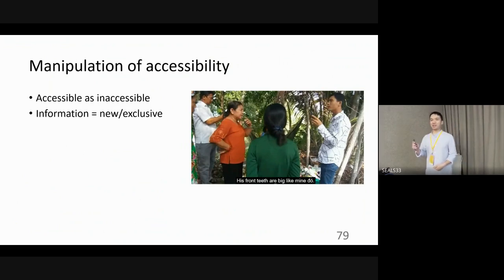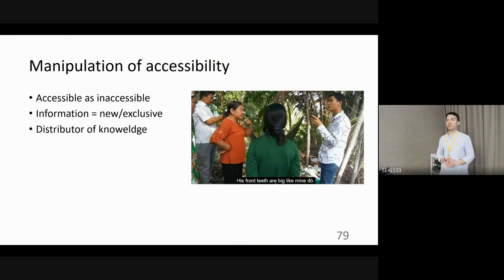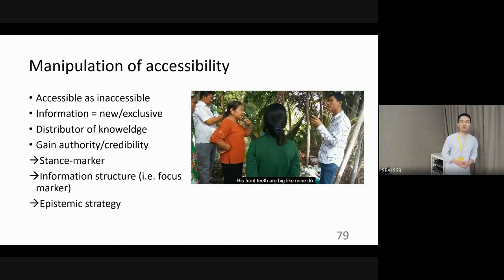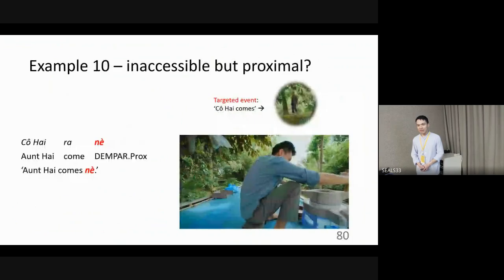So it means that the speaker becomes the distributor of knowledge, and they gain authority and credibility. This is what linguists have been pointing to: stance marker, information structure marker, epistemic strategy. And it's very familiar to us.